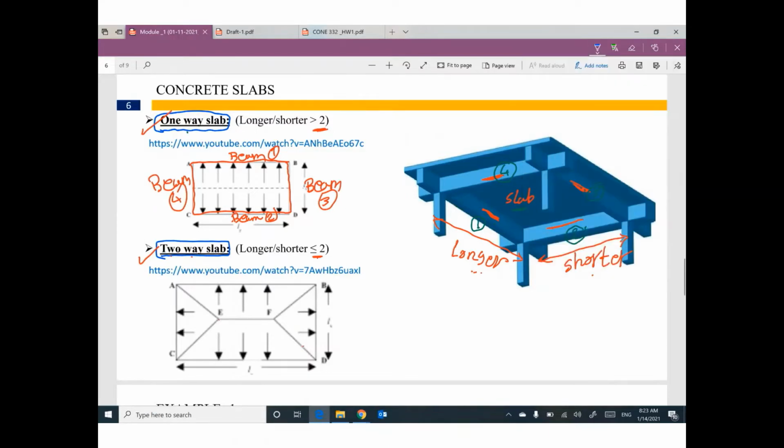What do you think? If the longer divided by the shorter is greater than 2, then the load on this slab will be transferred only in the shorter direction.